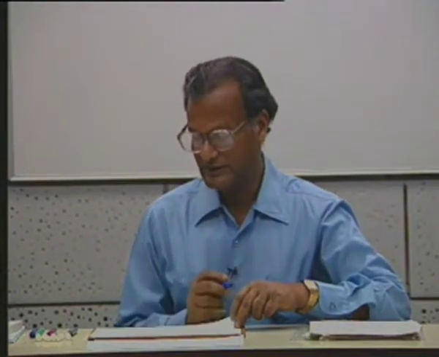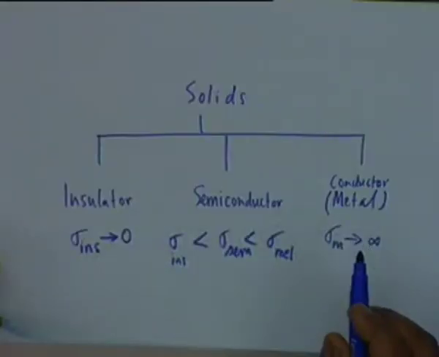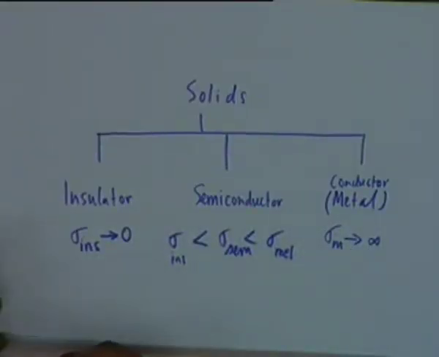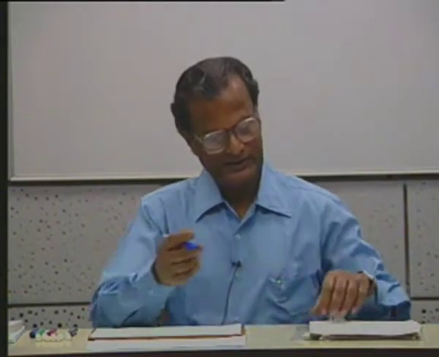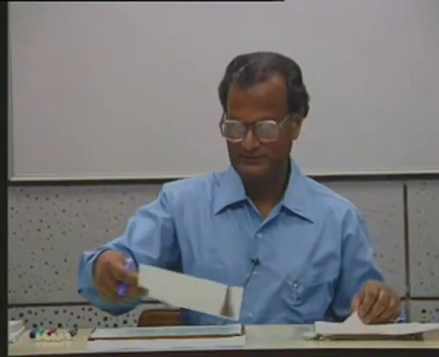Now, to understand the theory of semiconductor, let's have a quick look at how a metal conducts electricity. In a metal, as you know, in any solid for that matter, the atoms are closely packed and there is a regular arrangement of the atoms, which goes by the name of a crystal arrangement, or arrangement of atoms in a periodic fashion, also known as a lattice arrangement. Now, in a typical metal, is this visible on the screen?